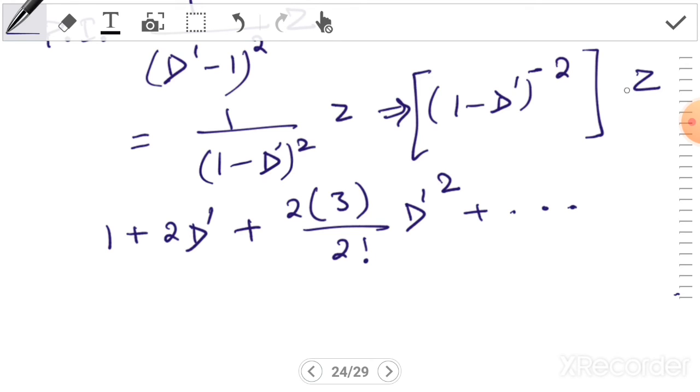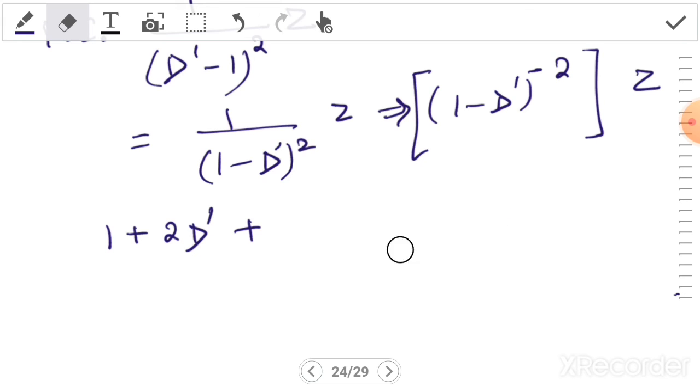Right? So this will operate on z, and we know that power of order greater than 1 will be equal to 0. So we will ignore powers of order greater than 1.